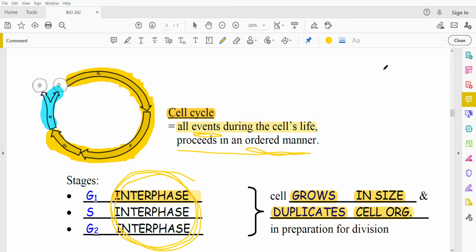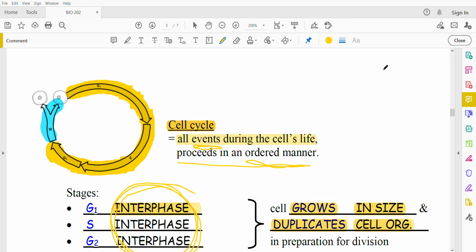And although they're not listed in this review guide, they are something that could be included in your exam as a question. So we will make a note on this sheet together about the important things that you need to know about various steps within the interphase. And we're going to start with G1 interphase.